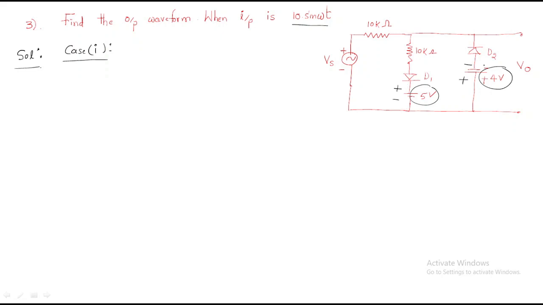What about diode 2? Diode 2, this is minus 4, so it becomes reverse biased. So when the source voltage is greater than 5 volts, D1 is forward biased and D2 is reverse biased.